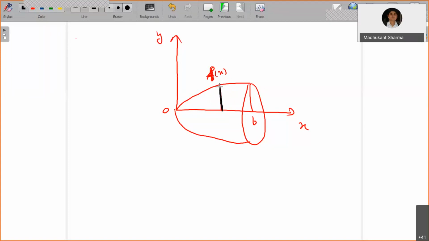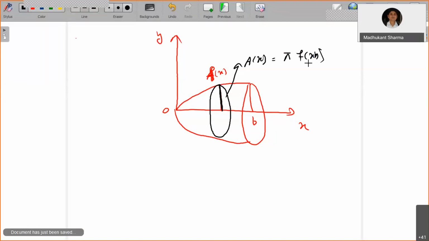Anywhere you will find the cross section, whose area is pi times f of x whole square, because at each point the height is f of x, and the radius of this base is f of x at this point x.